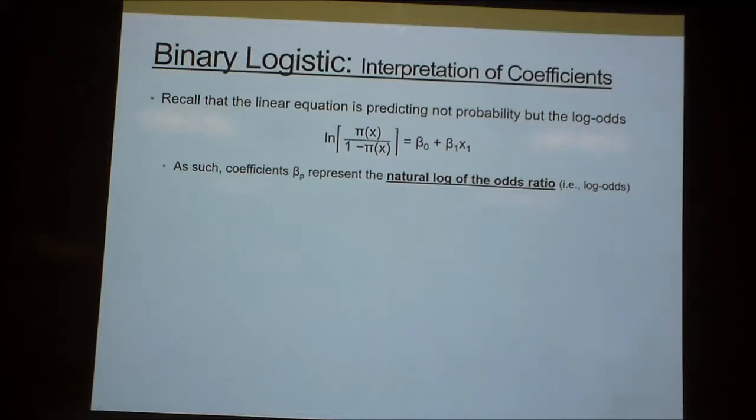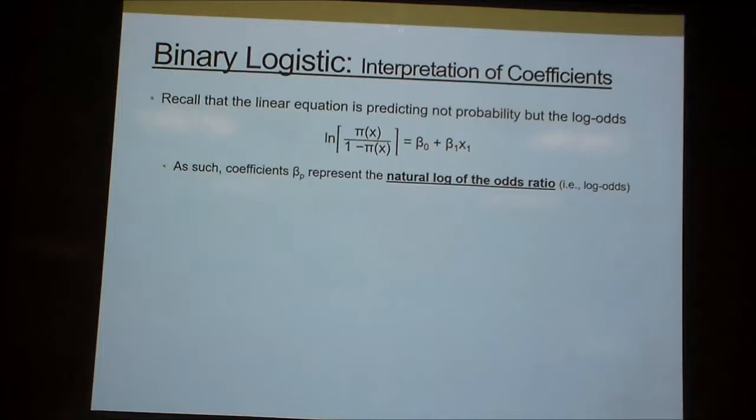Now, if you get into multinomial logistic regression, all of a sudden you're comparing the odds of this versus the odds of some reference group, right? And then we need to be more specific about which odds we're talking about. We're saying the odds of being in category 3 versus the odds of being in category 1, right? But we can streamline our language a little bit with binary logistic models as long as you know what you're talking about, right?